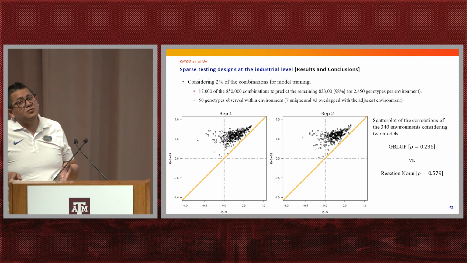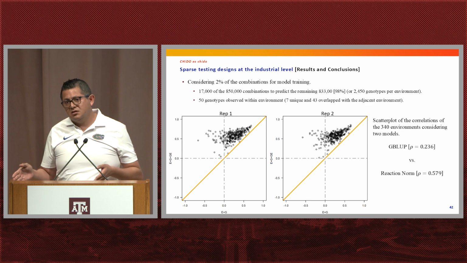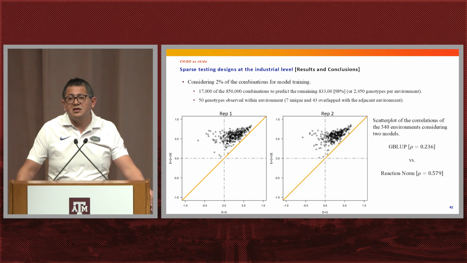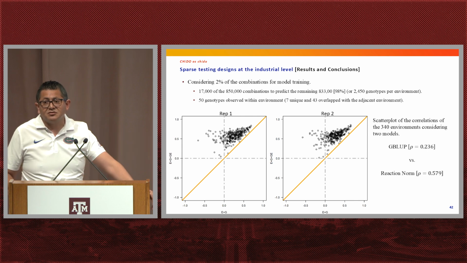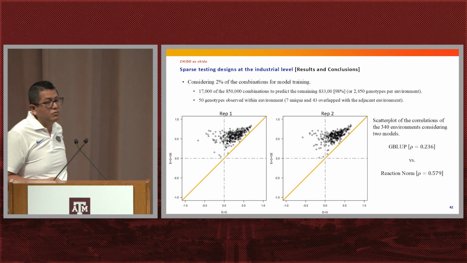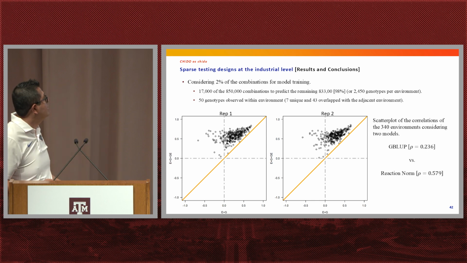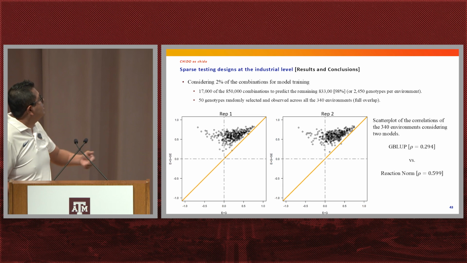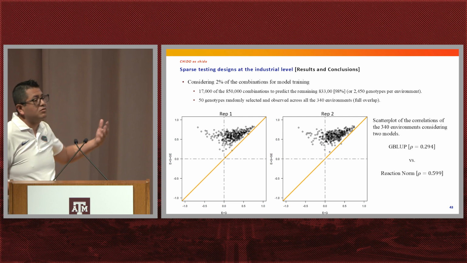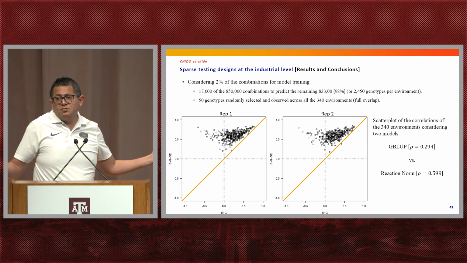Remember, we are using 70,000 data points to predict the remaining 833,000. So I don't think the results are bad using only 2%. Probably the optimal might be using 5%. We can select the genotypes in 1 year, pretty much. For the second method, where we randomly select 50 genotypes to be observed across all environments, results improved.